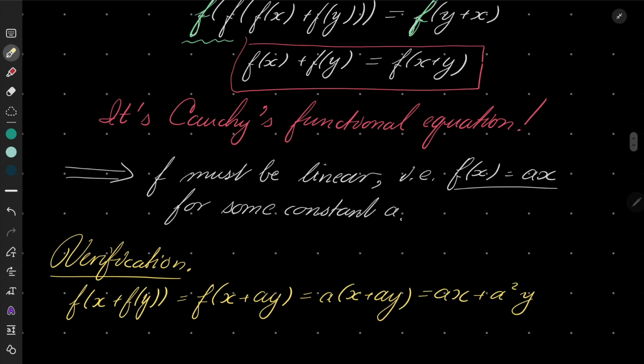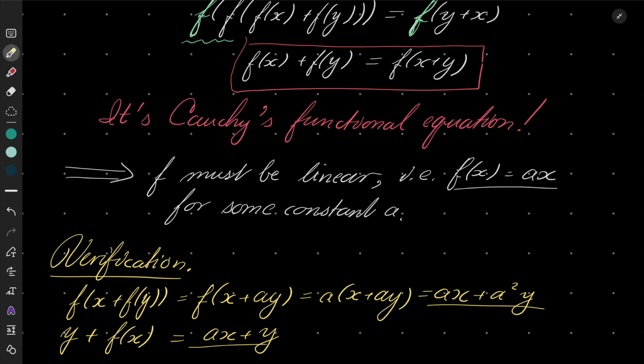And the right-hand side was just y plus f of x. So that's just y plus ax. And these sides should be equal for every x and y.